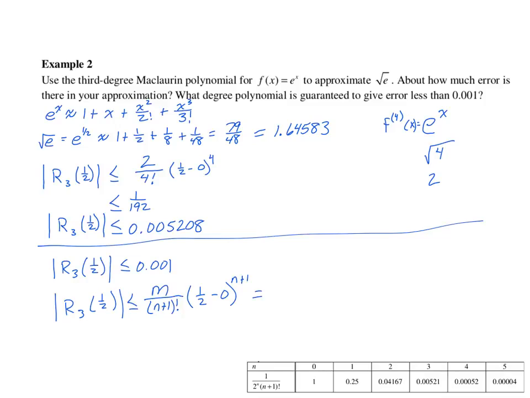If we simplify this a little bit, that would be M over 2 raised to the n plus 1 times n plus 1 factorial.